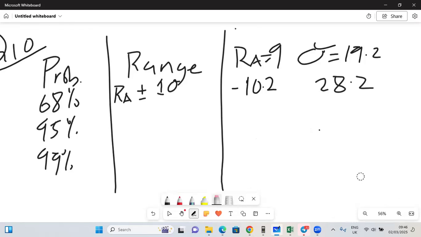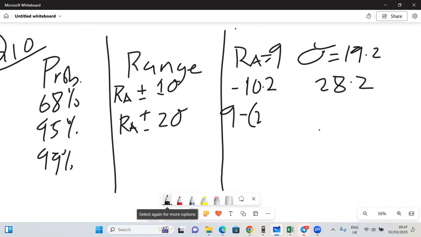The second side too is RA, the return, and either move plus or -2 standard deviation away. That's what I just explained. So this means that here is going to be 9 minus, in brackets, 2 times the standard deviation, 19.2, plus 2 standard deviation away.